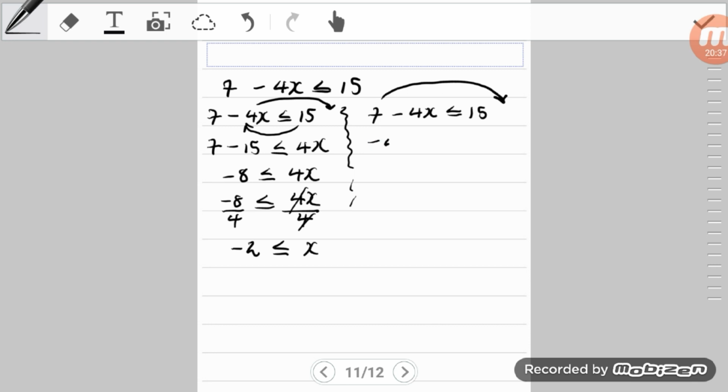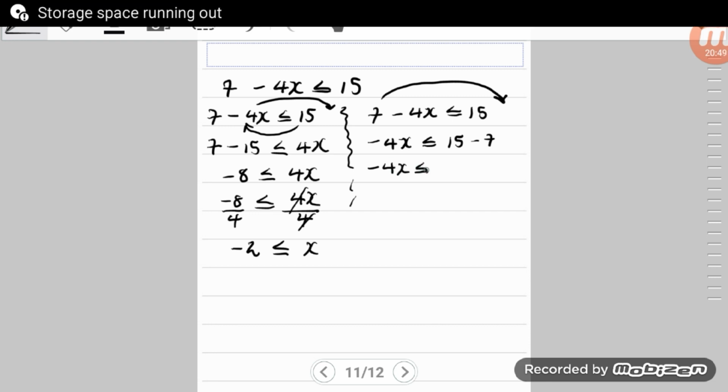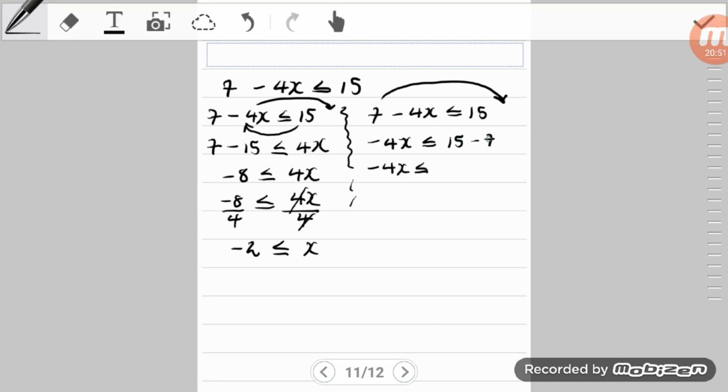So negative 4x is less than or equal to 15. Positive 7 came across and became minus 7. So negative 4x is less than or equal to 15 take away 7, which is equal to 8. Now, because you are dividing by a negative number or negative coefficient, I found that a lot of students forgot to reverse the sign.